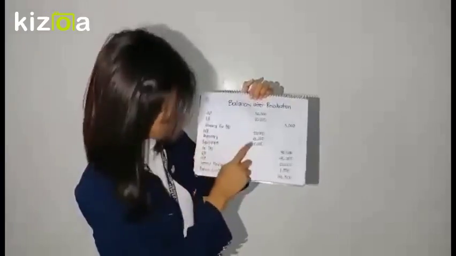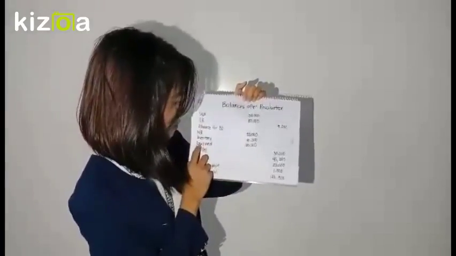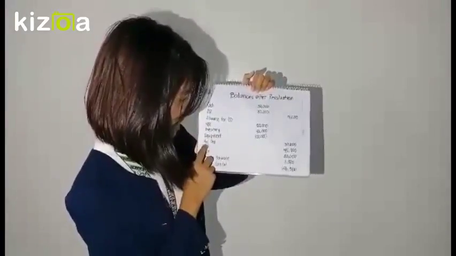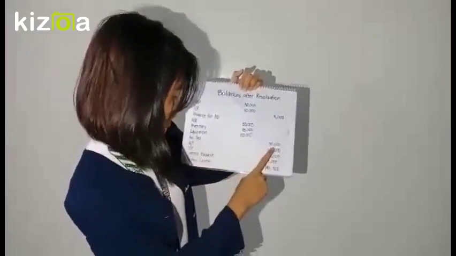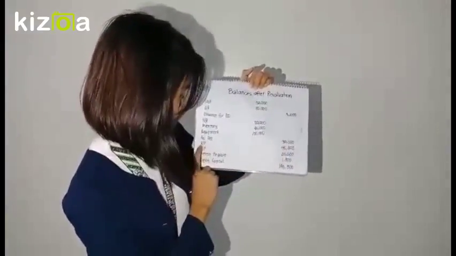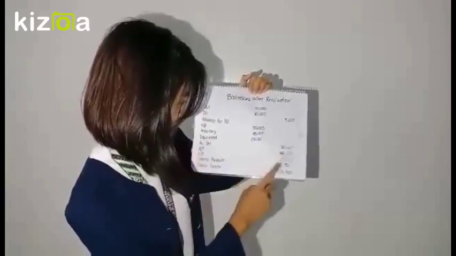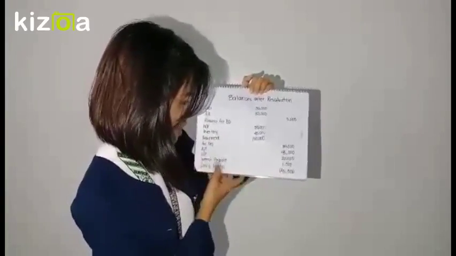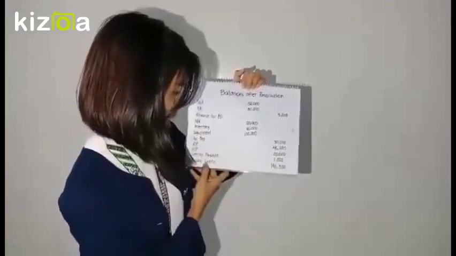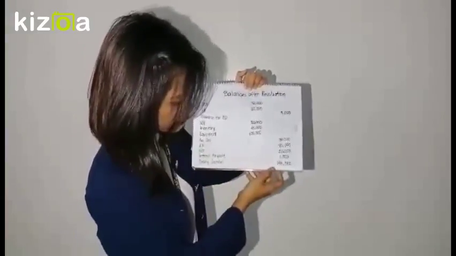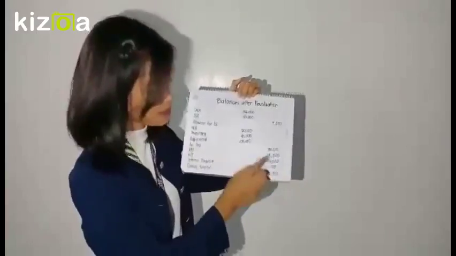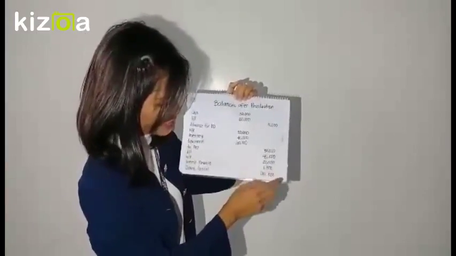Inventory is 45,000. The accumulated depreciation becomes 30,000. Accounts payable is 45,000. Notes payable is 20,000. Interest payable is 1,500. And Danny's capital will be 145,500.